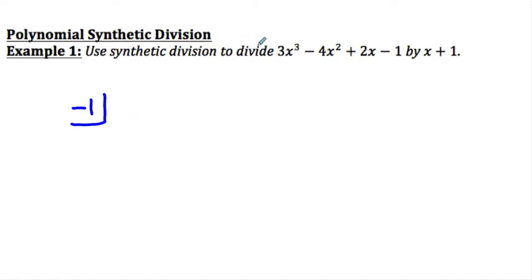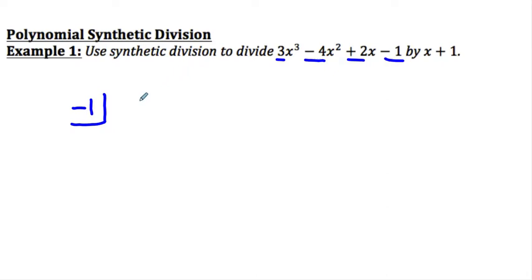Now we're going to take all the coefficients here. 3, -4, so we're just taking the 3 here. Don't forget the signs in front of it. So -4, +2, and -1. If you are missing any of your x's going from the highest power down to the number that doesn't have a variable, you have to fill it in with a 0. We're not missing any here on this one, so we're just going to fill those in.